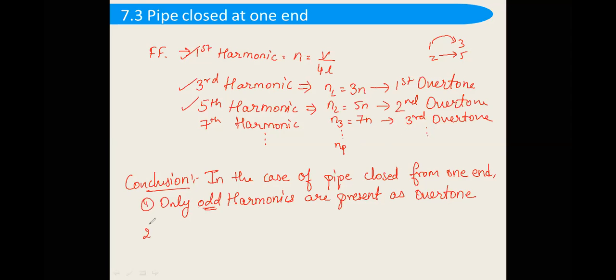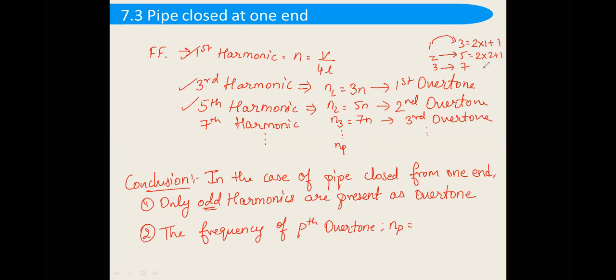Now, what is np? np is the frequency of the p-th overtone. What is this equal to? For 3, I should get 7. So this is nothing but 2 multiplied by 1 plus 1. This is nothing but 2 multiplied by 2 plus 1. What is this?